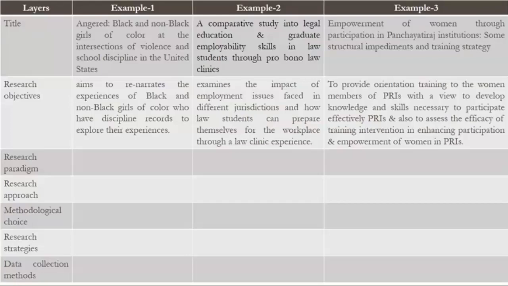That also helps in assessing the need for training for panchayat members. So I think at this first stage we can also use mixed methods. Yes, Naveen, that's what I mentioned.